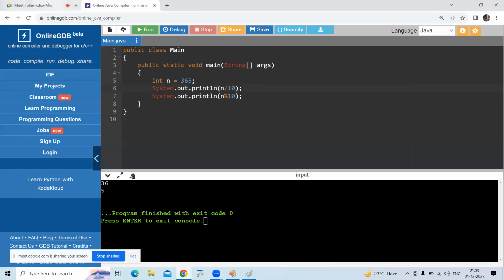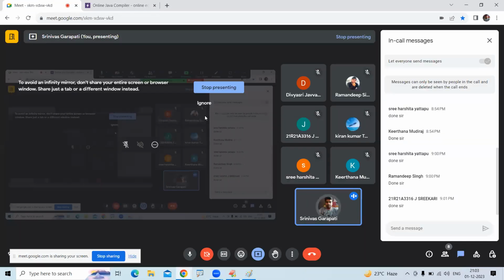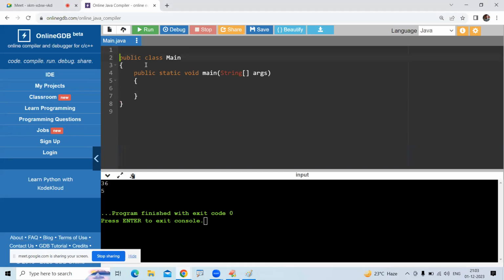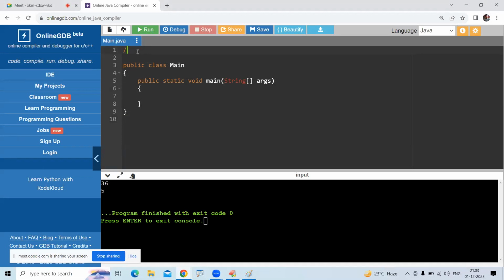Using the arithmetic operators, we will write some programs. Okay. So what are the programs? Addition of two numbers and all, everyone will write easy things. I'm writing one code. The code is simple.